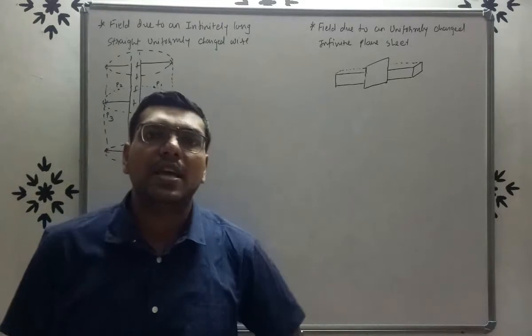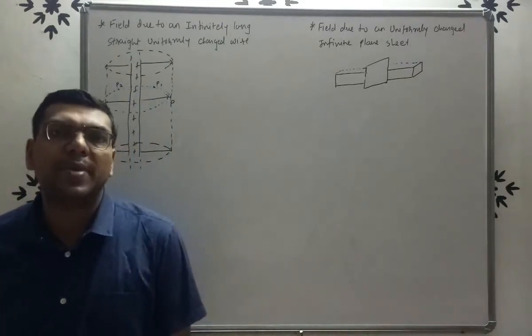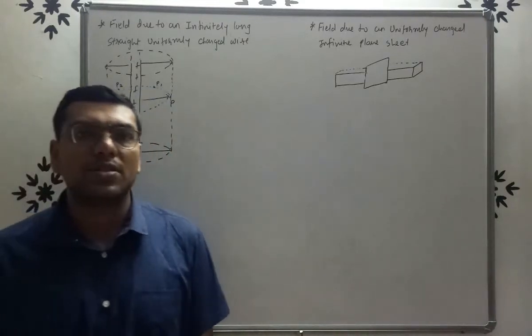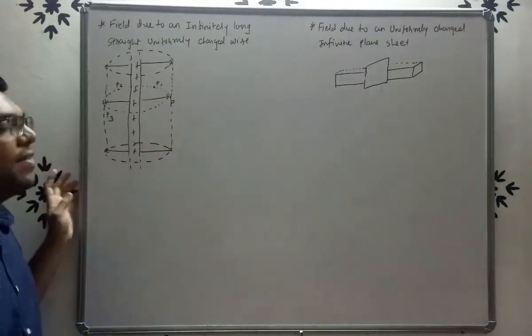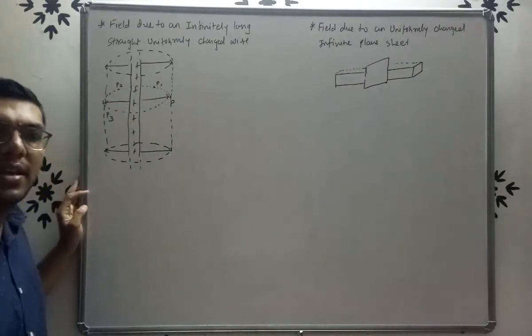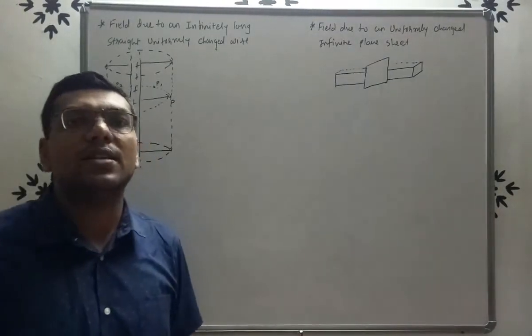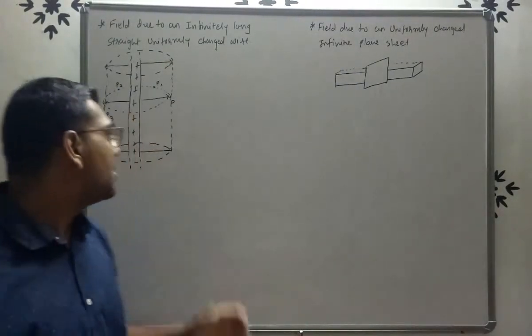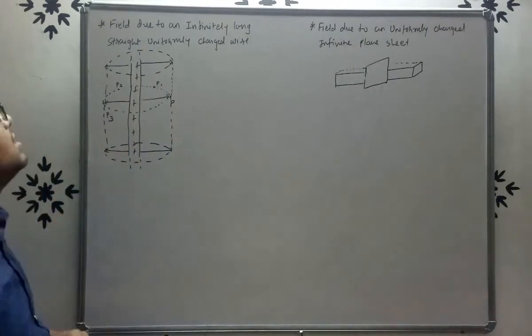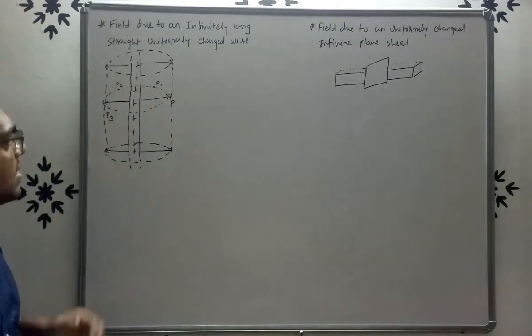Next point: the electric field will remain the same because this is a wire having infinite length. Next point: here there is a cylindrical Gaussian surface.